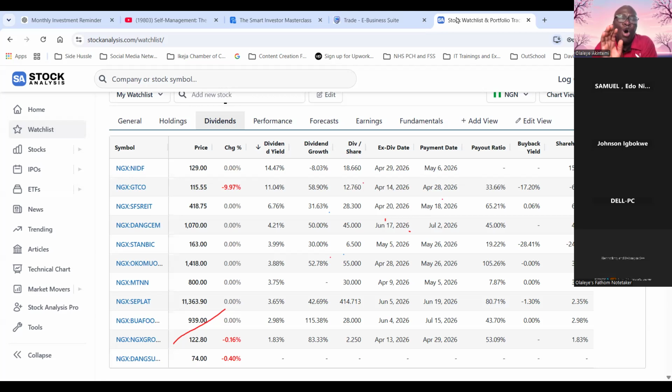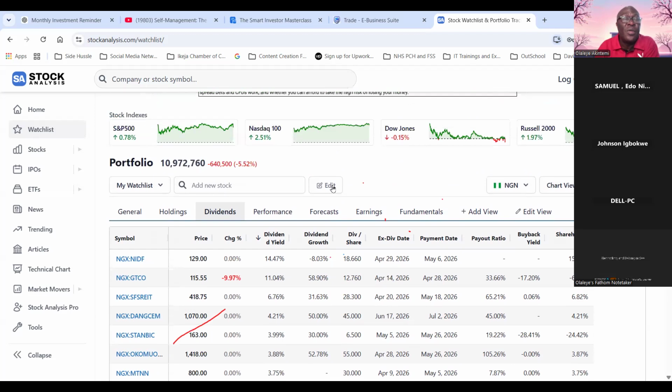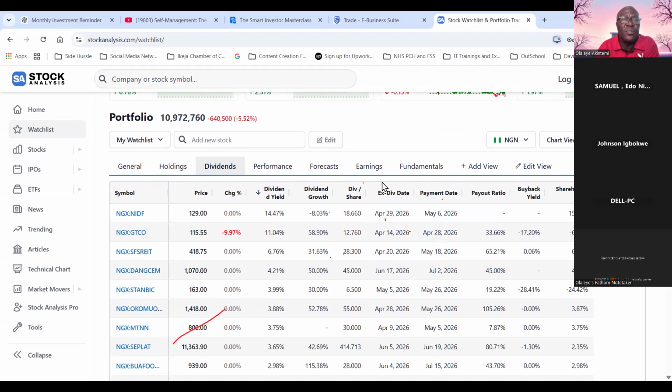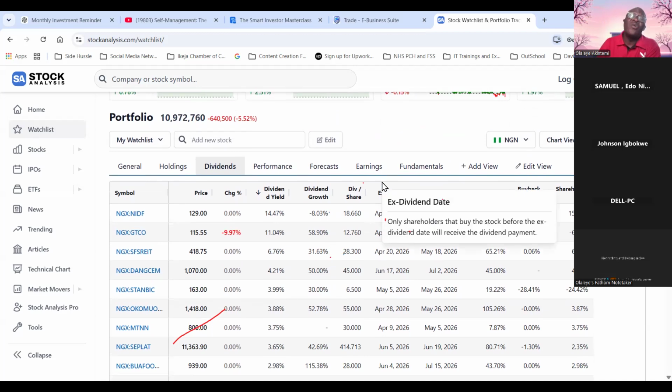Once you have added those three items for each stock, you don't need to add anything again for those stocks. When you add your stocks to Stock Analysis, the first thing you add is the name of the stock. You can see where it says symbol. You put in the name of the stock. Actually, let me do an example. No, I'm talking about the holding. Let's assume you have 10 units of the stock, then you bought another 10 units a few days later. You have to manually update.